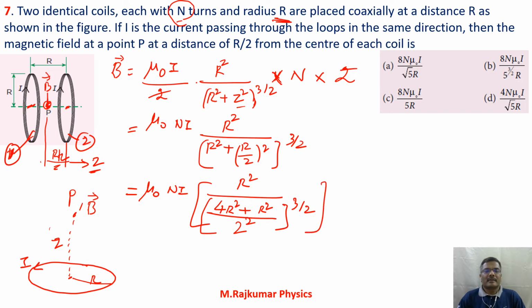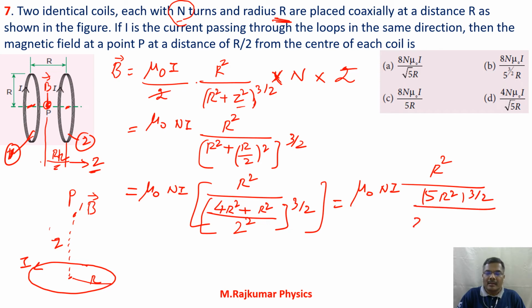This is the final expression. Now 4r square plus r square will become 5r square. So mu naught n I times r square divided by 5r square whole power 3 by 2, divided by 2 square whole power 3 by 2.